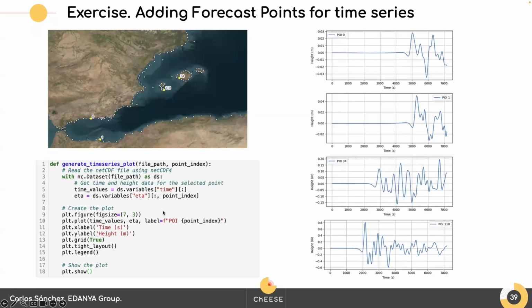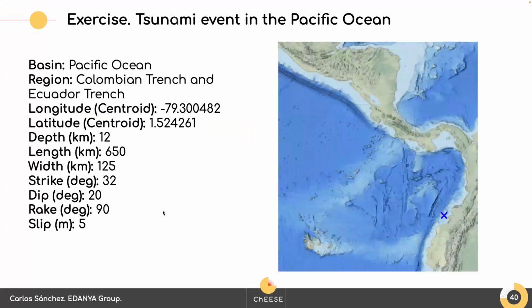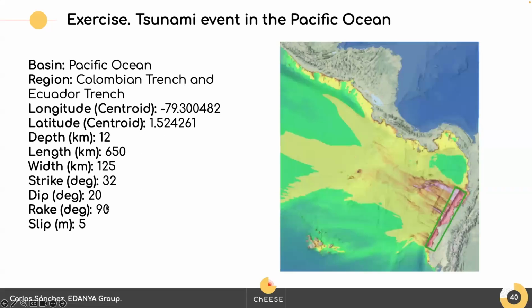Okay, so our first easy example of propagation in a small domain, even storing time series, is completed. You are ready to do it on your own. If you want an exercise, I provide an example of an event in the Pacific, in the Colombian Trench, with the Okada parameters.